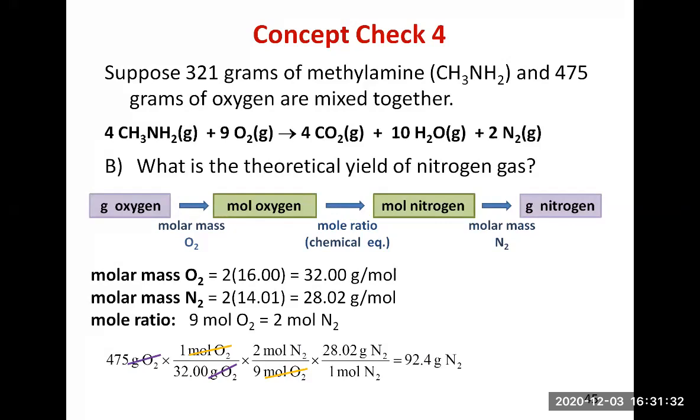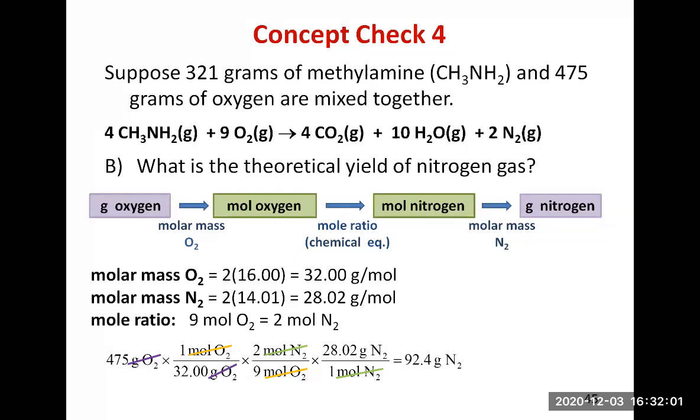This way we can cancel moles of nitrogen units. So then we are ready to do this in the calculator, and it's 475 times 2 moles of nitrogen times 28.02 grams of nitrogen divided by 32.00 grams of oxygen, and divided again by 9 moles of oxygen.